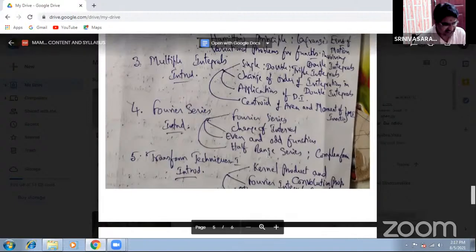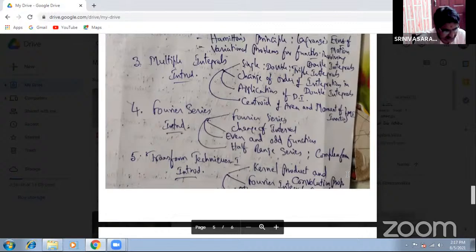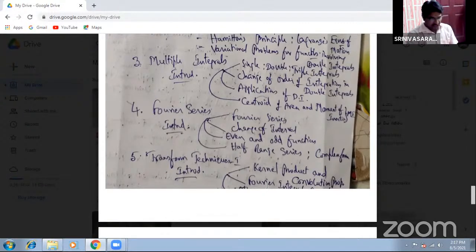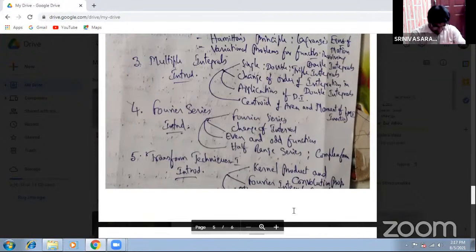Now the half range series, how to explain the half range series, and the complex form. Okay. Now here the fifth concept is transform techniques 1. Here the kernel product and the convolution properties. And the second one is the Fourier integral formula and Sturm-Liouville problems. Sturm-Liouville transforms are also there.